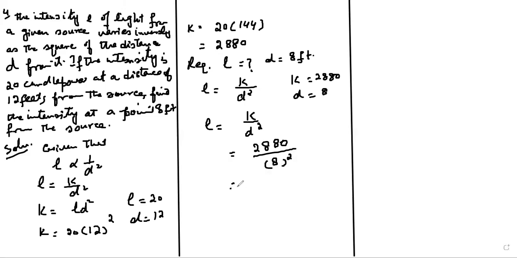So 2880 divided by 64. So when we divide it, we get 45. So the answer is L equals to 45 candle power.